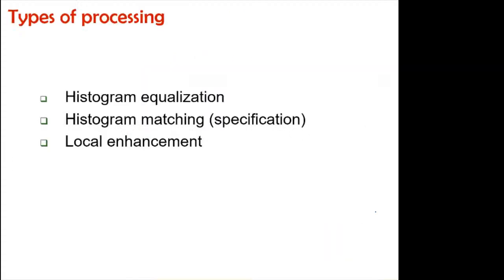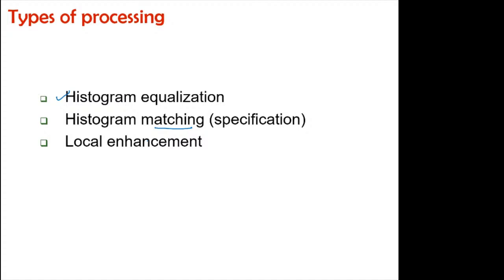So we talk about what is histogram equalization. That is one way to improve the image. And another way to enhance the image is histogram matching. Third one is the same thing, but at the local level, not the whole image.